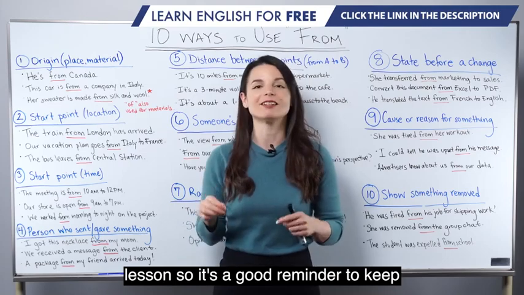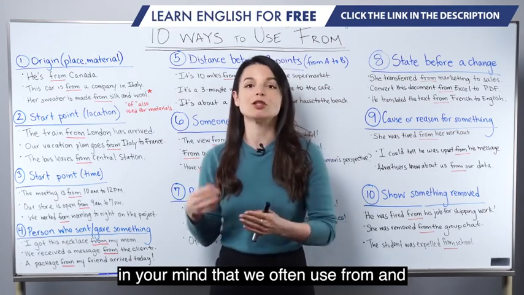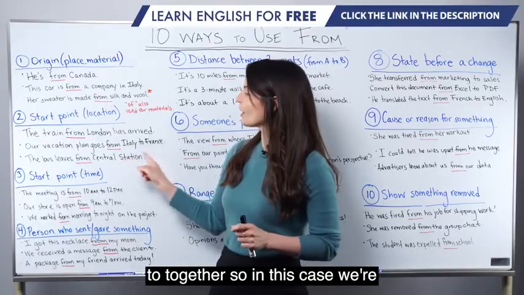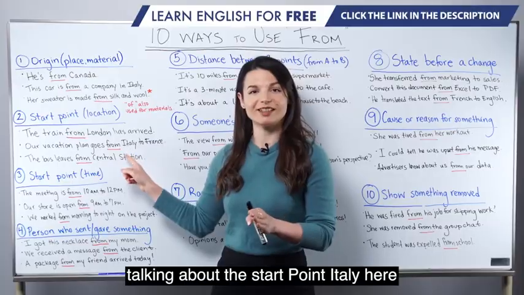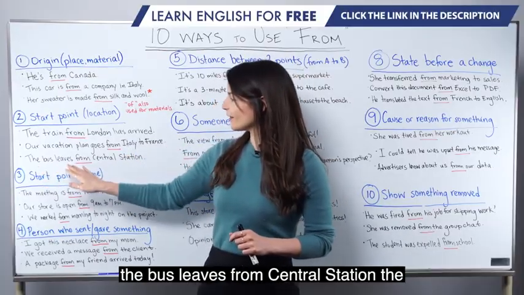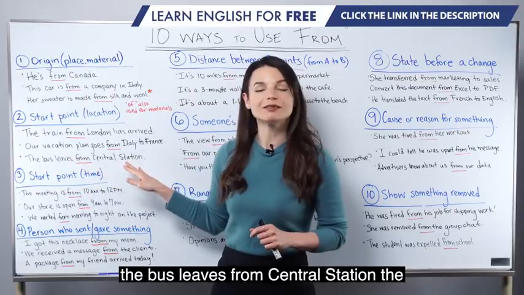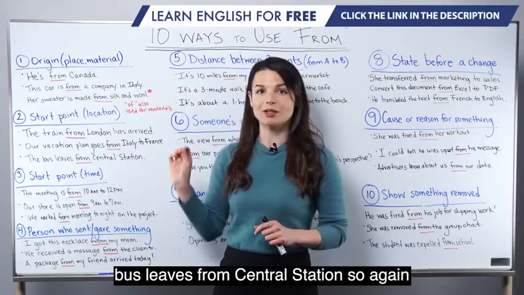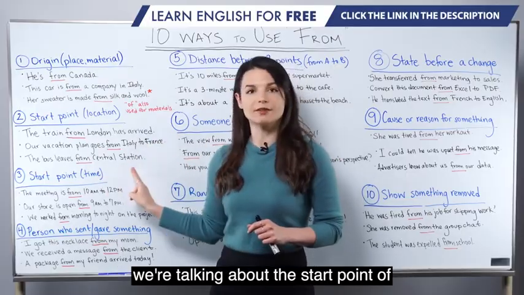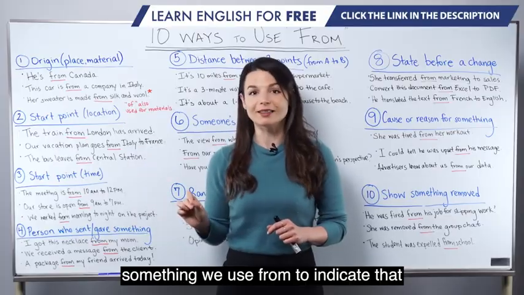So it's a good reminder to keep in your mind that we often use from and to together. So in this case, we're talking about the start point, Italy, here with from. One more example of this use. The bus leaves from Central Station. So again, we're talking about the start point of something. We use from to indicate that.